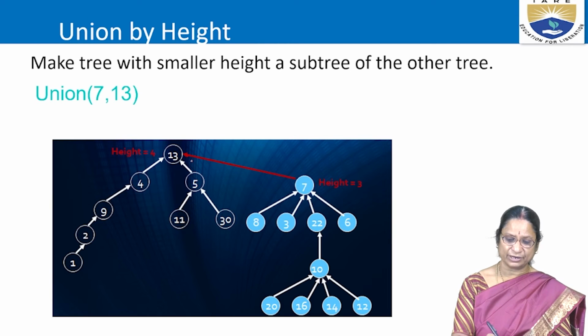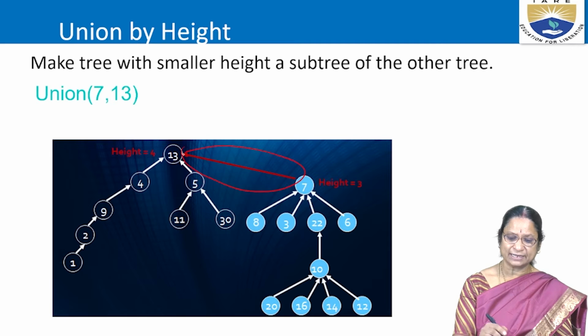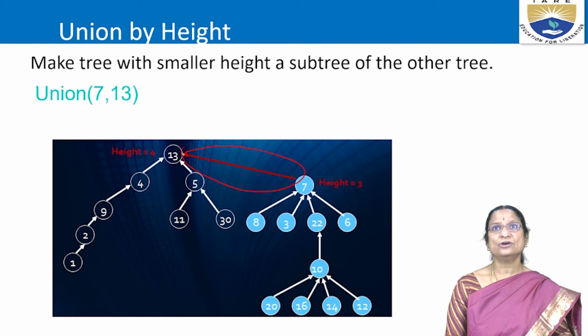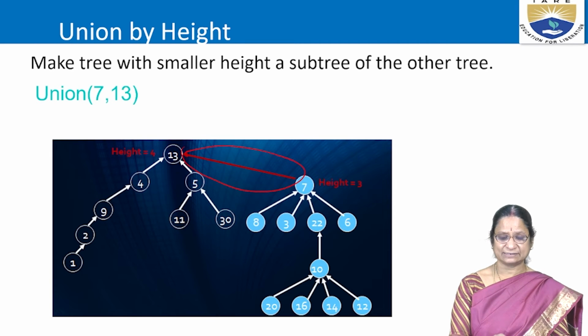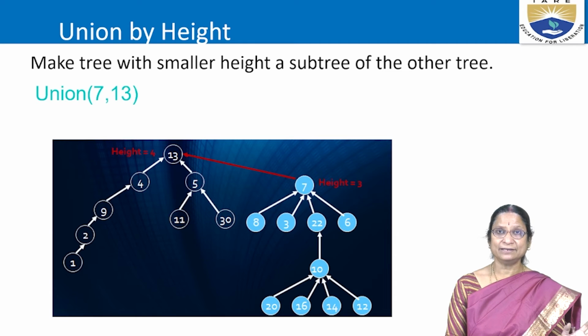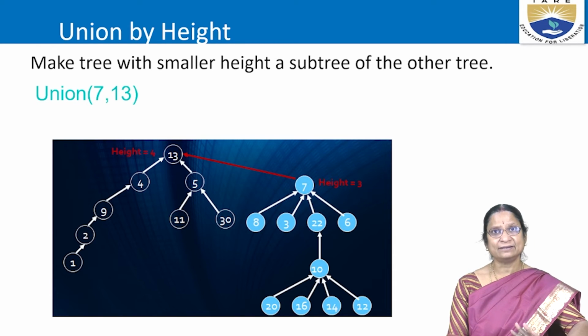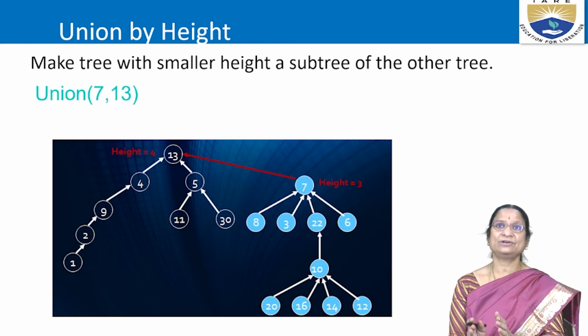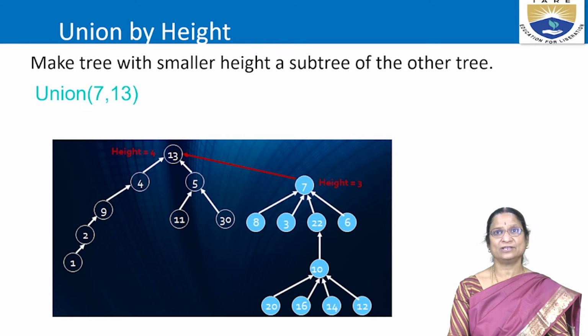We are adding a pointer to 13, which means in the union of 7 and 13 we are making the 7 tree a subtree of 13. Why? Because the 13 tree has height 4 and the 7 tree has height 3. So the lesser height tree is added as a child to the larger height tree.